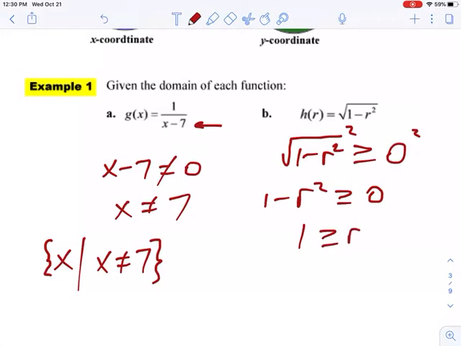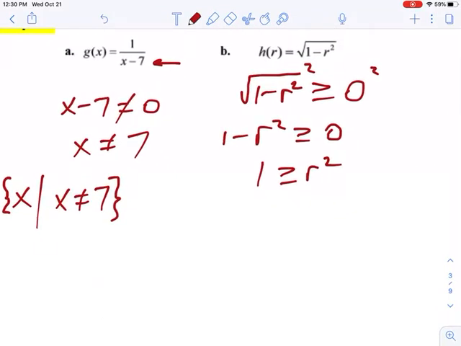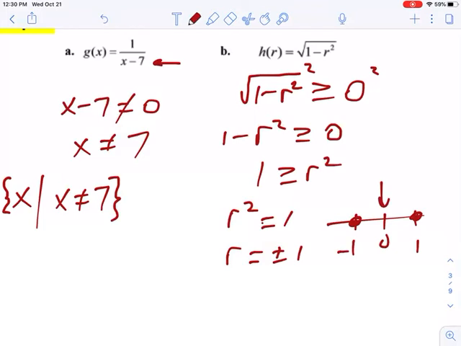Take r squared to the other side: r squared is less than or equal to 1. This is an inequality, so we solve it, which gives us r equals plus or minus 1. So we have negative 1, 0, and a positive 1.